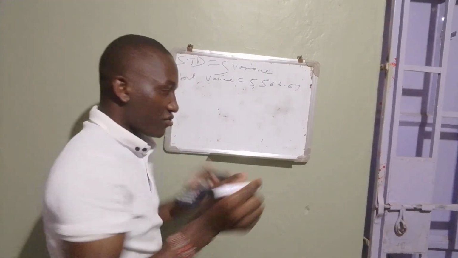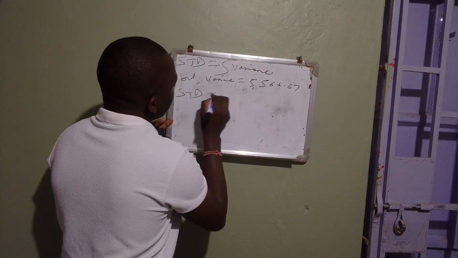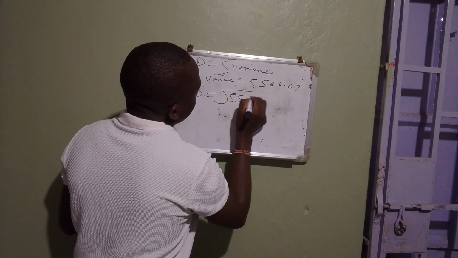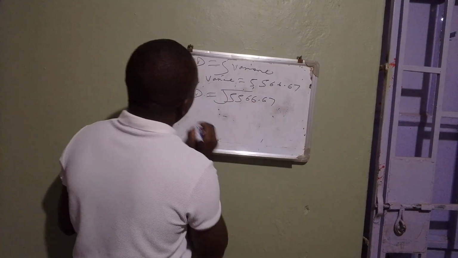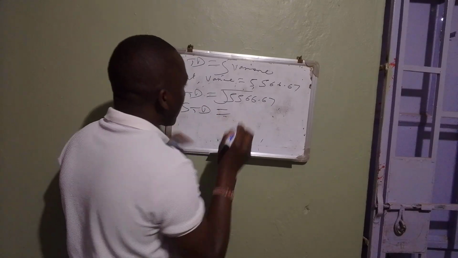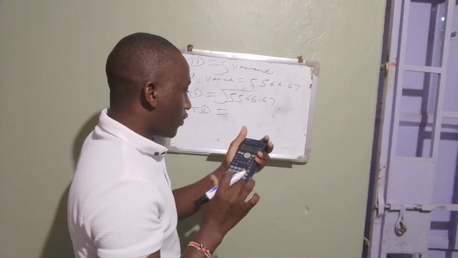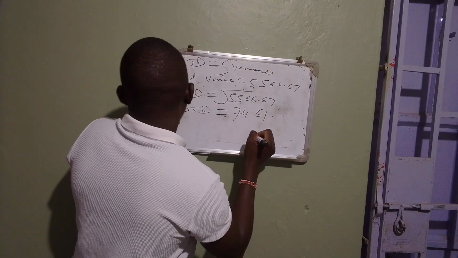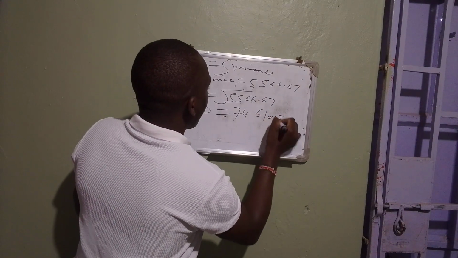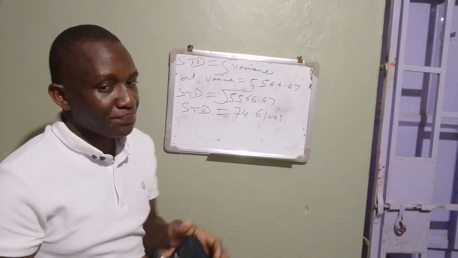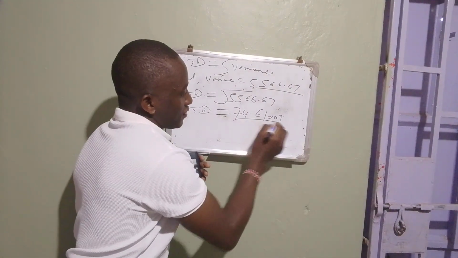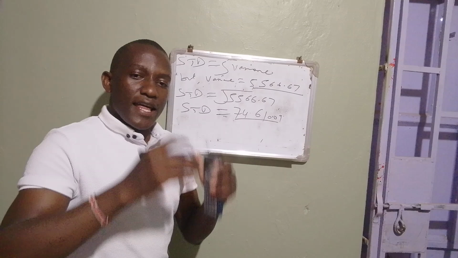We just replace values. So STD is equivalent to the root of 5,566.67, and our STD will be equivalent to, you find the root of the value, 74.61009. Now, we found our variance as this one, and our standard deviation is this one.